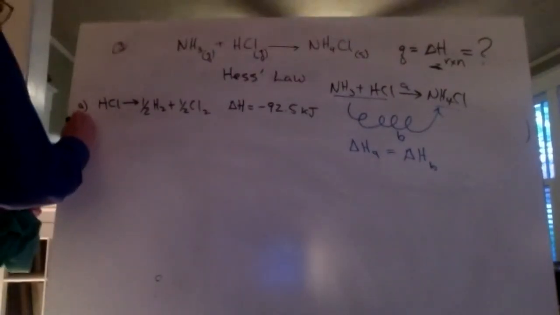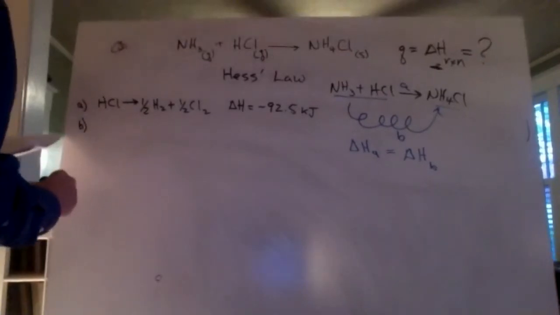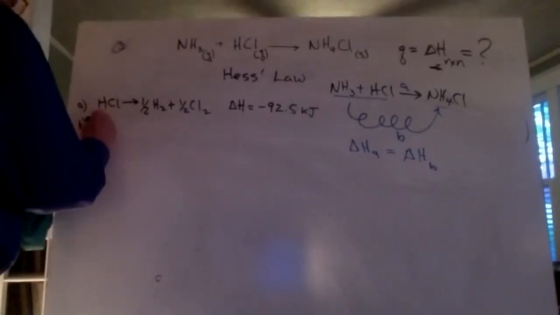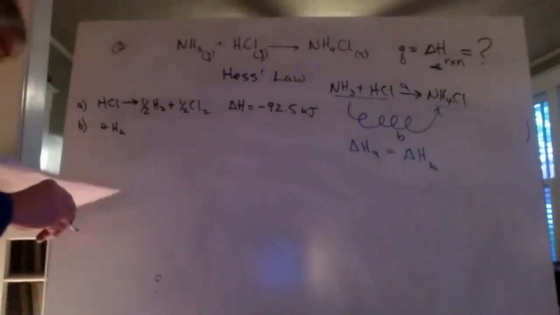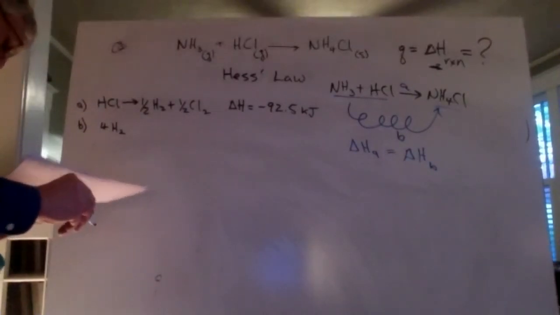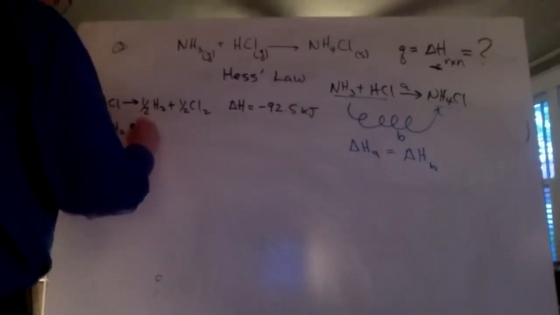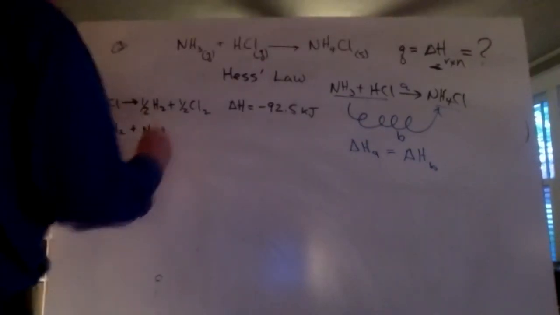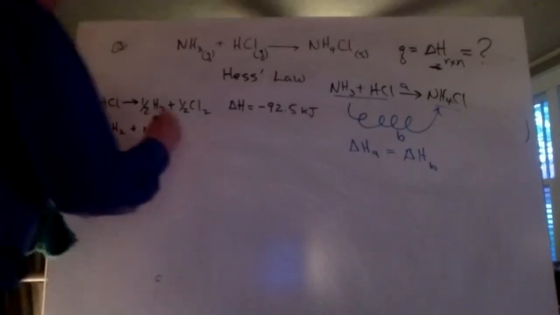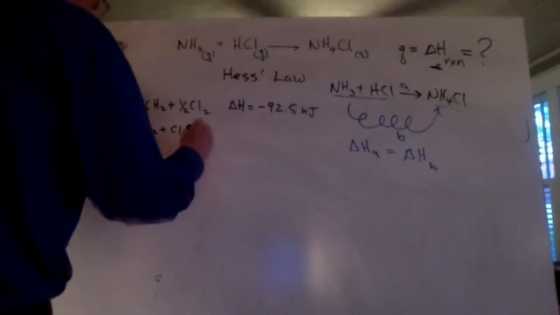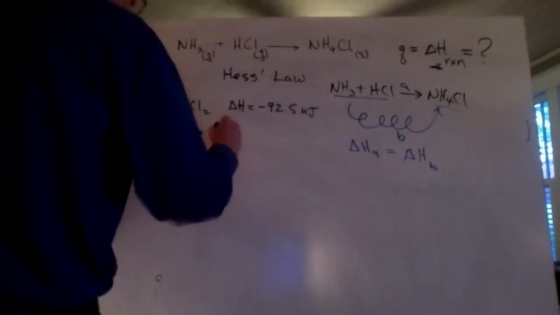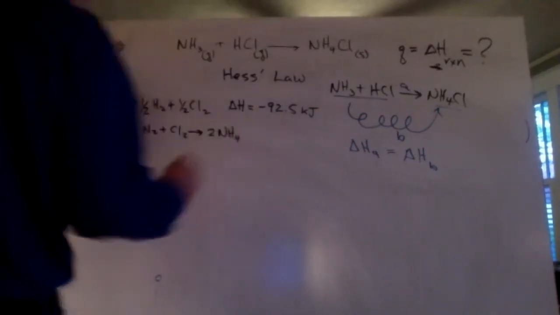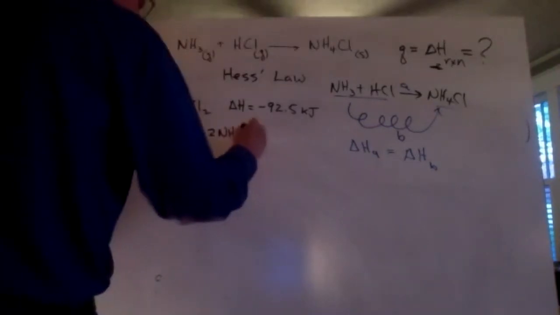And then you're given a second reaction. We'll call it reaction B. And that reaction B is we have 4 moles of hydrogen gas plus nitrogen gas plus chlorine gas, Cl2, will react to form 2 NH4Cl.